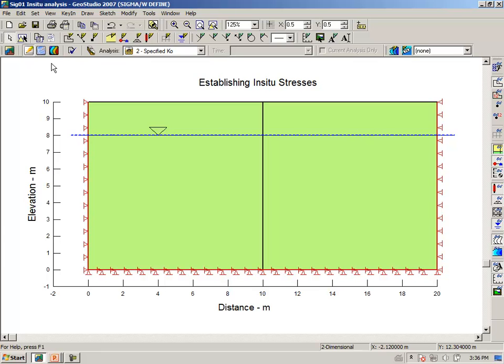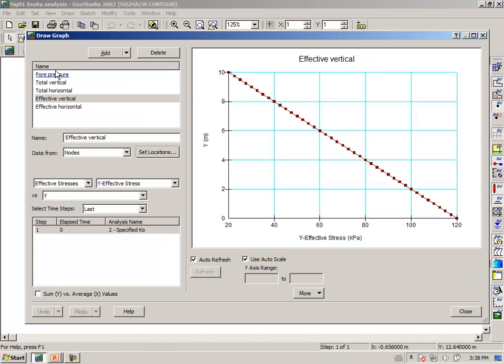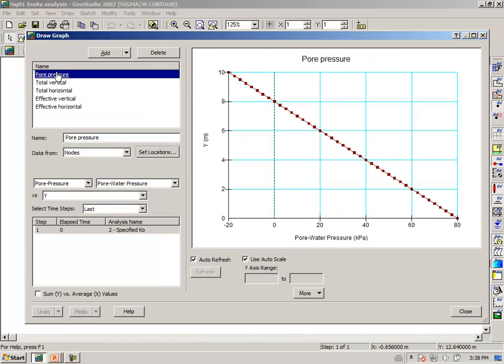Going then to the results view, returning to the draw graph command. Once again, we have our pore pressure distribution with depth.